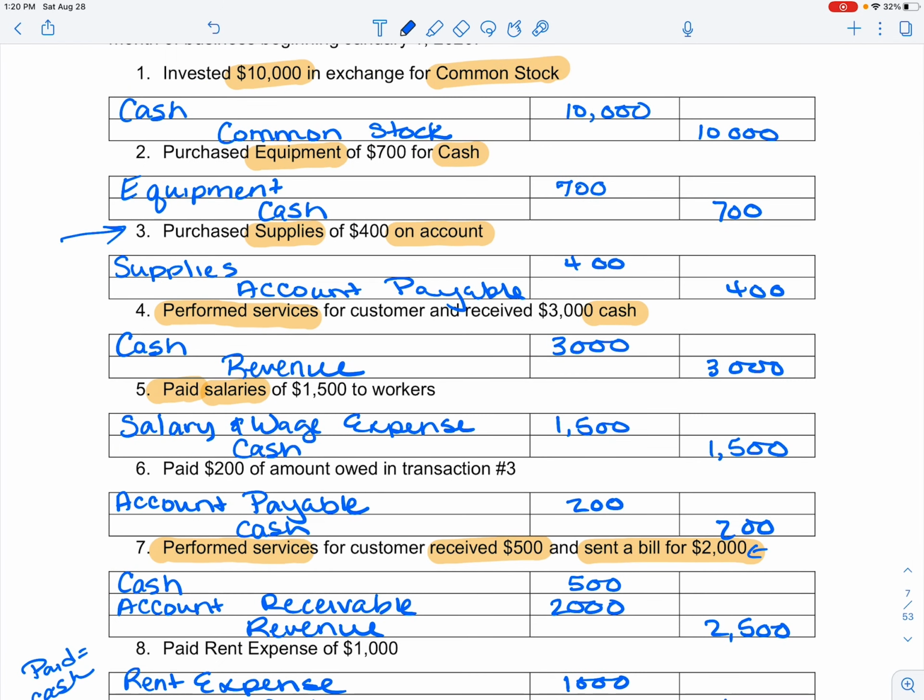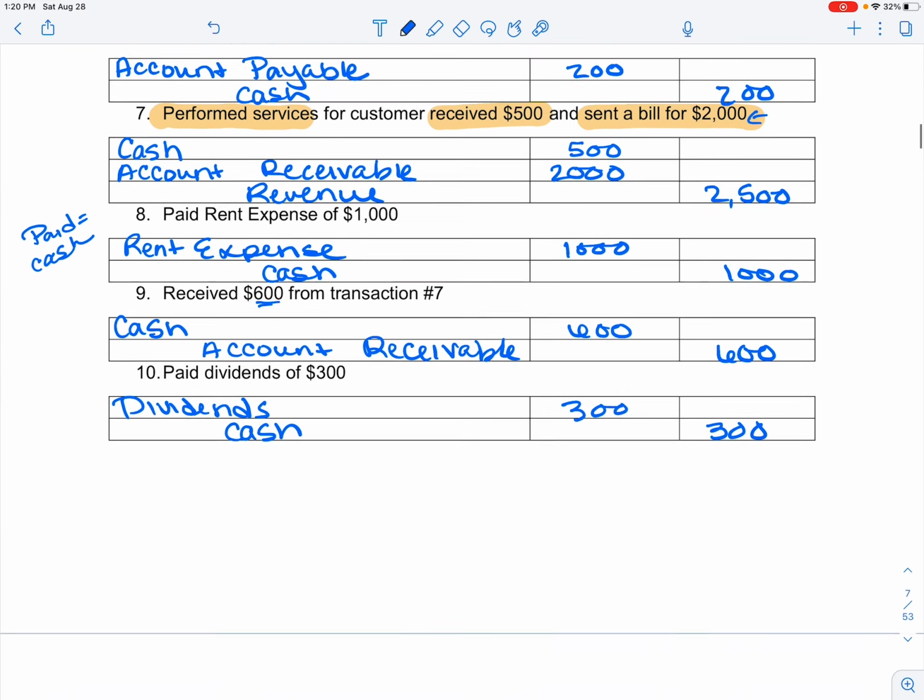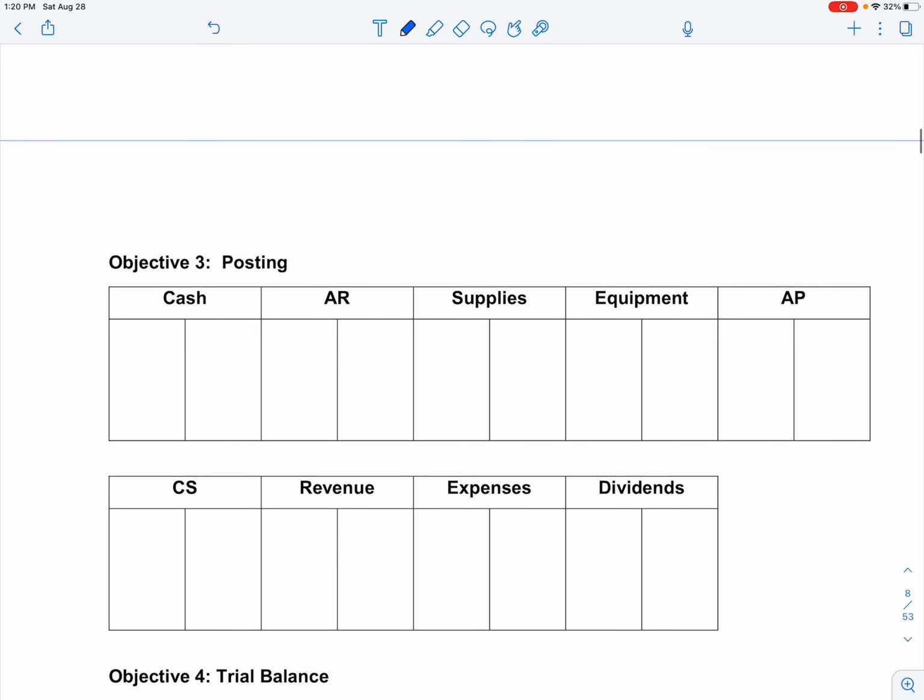We're going to take each one individually and post them. So cash, I'm increasing with a debit, and common stock, I'm increasing with a credit. So I'm going to put in my 10,000 here, find my common stock, which is just CS on here to save space, and increase that by $10,000.